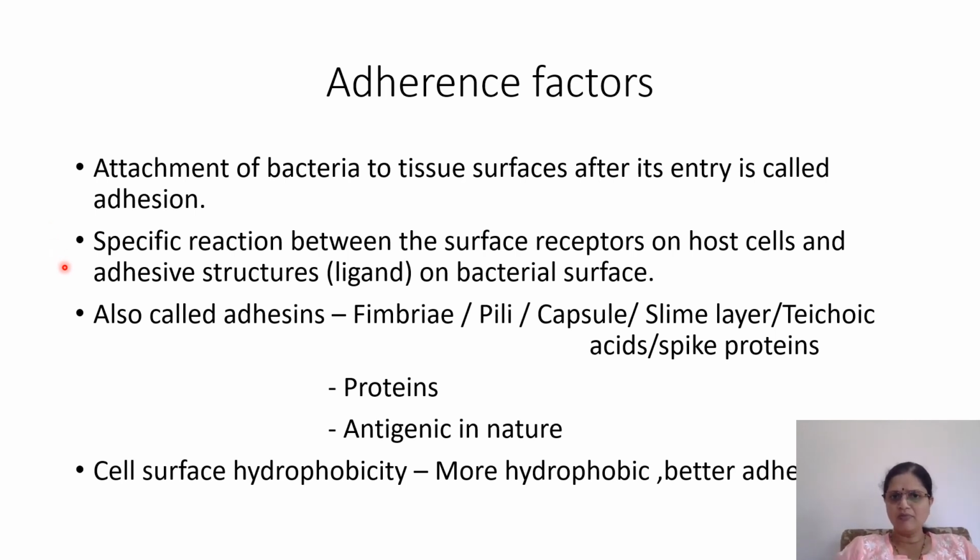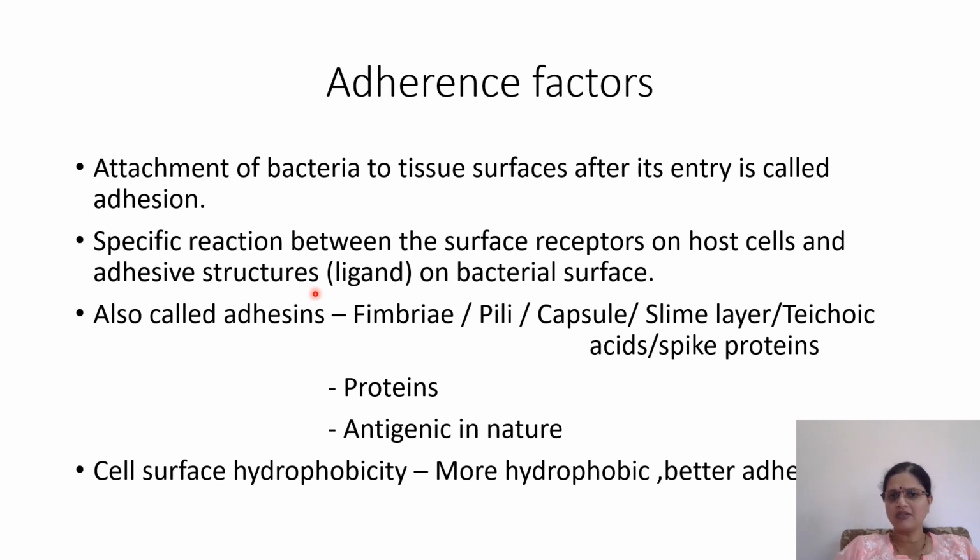There must be surface receptors on host cells, and there must be adhesive structures on the bacterial cell surface, which we usually call ligand. So there must be an interaction between the ligand and the surface receptor, and after this interaction there will be a specific binding between these two cells. That is how the pathogen attaches itself to the host cell.